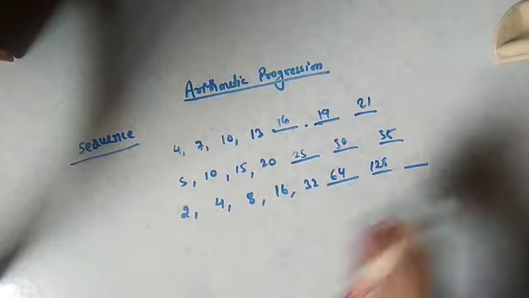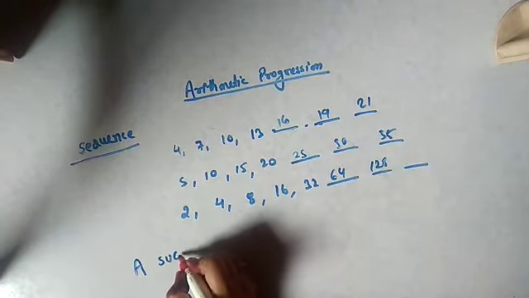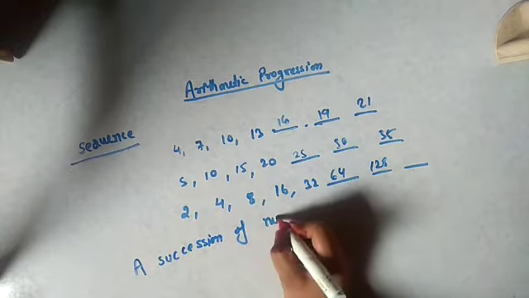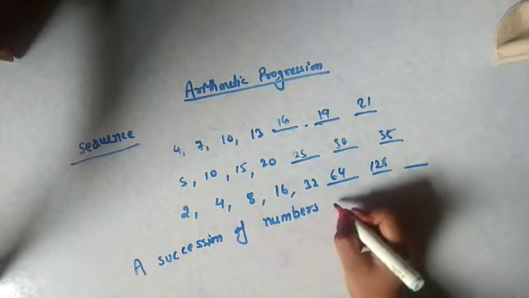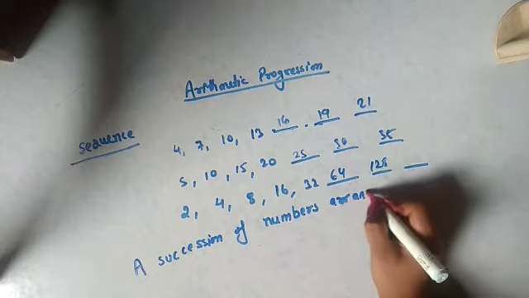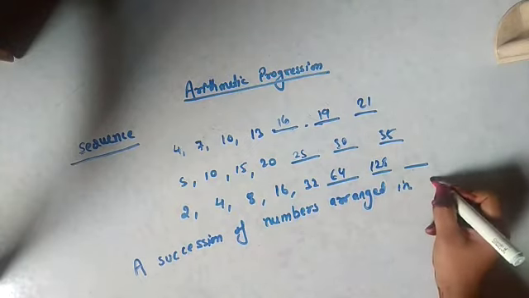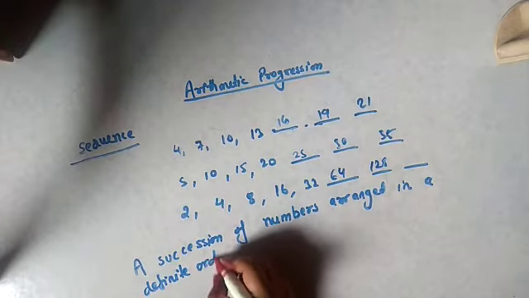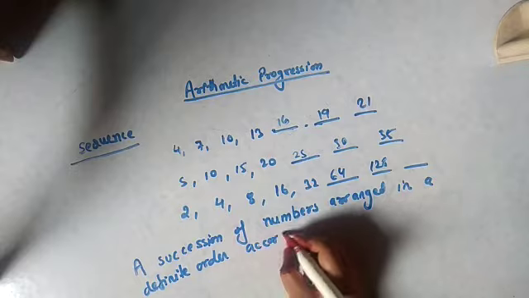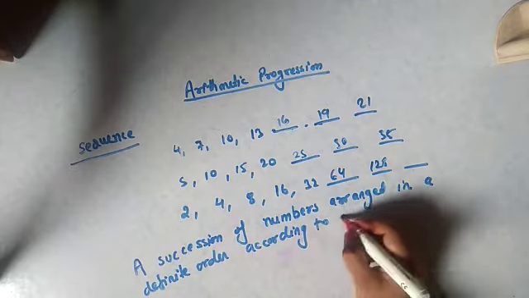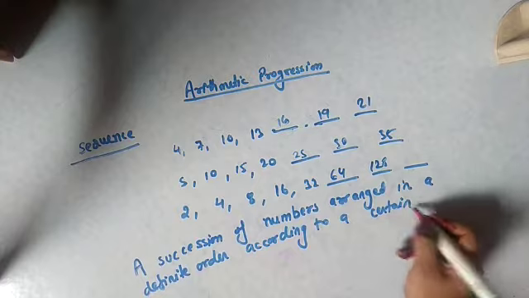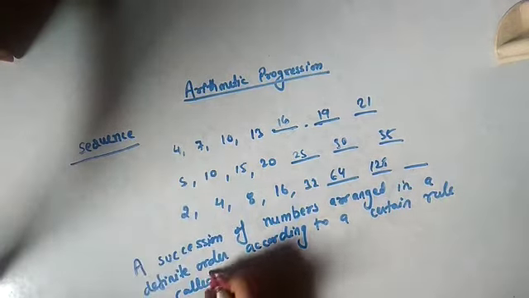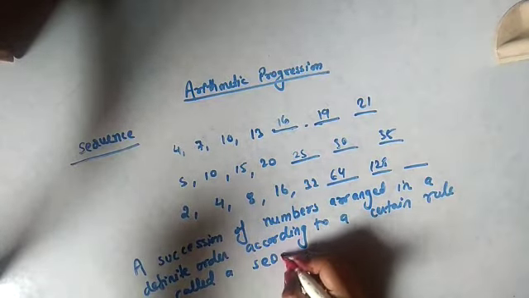Okay. A succession of numbers arranged in a definite order according to a certain rule is called a sequence.